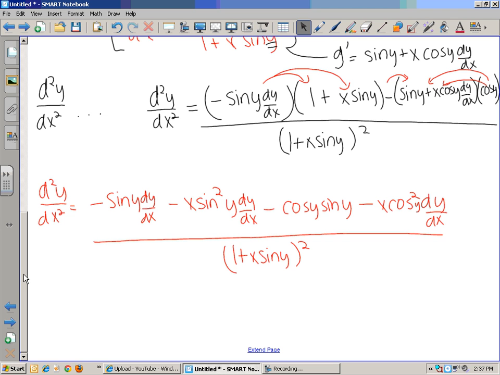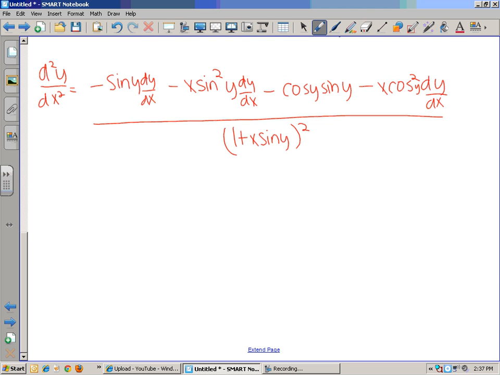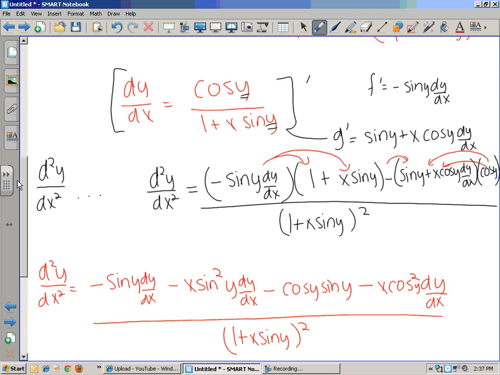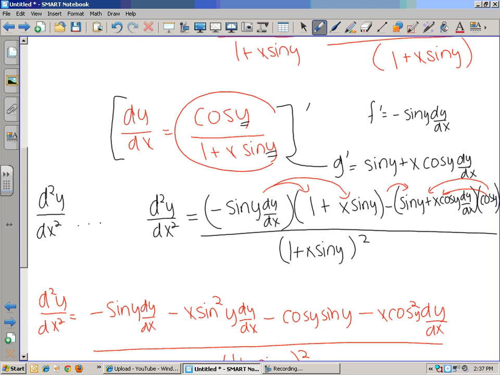Okay, so here's what I'm going to do, because I like it. I like it a lot. I'm going to go ahead, and I'm going to regroup some stuff. At this point, if you didn't want to regroup anything, you could simply go up and plug in this, cosine y over 1 plus x sine y, everywhere you see a dy/dx.